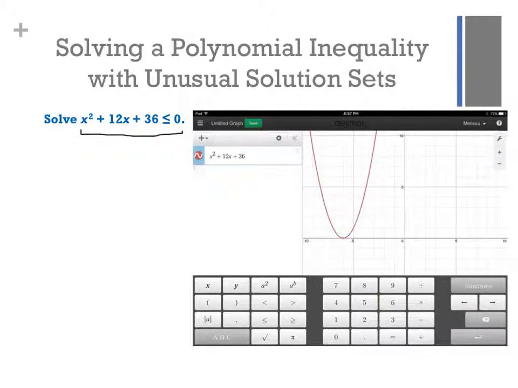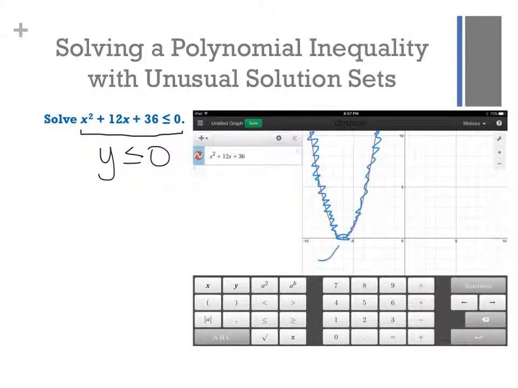So if we're looking at this function, we want to know where the y-coordinate is less than or equal to 0. Well, we said in the previous example that the function was greater than 0 for all x values with the exception of negative 6, which is where the graph touches the x-axis, which means the y-coordinate is 0 there.